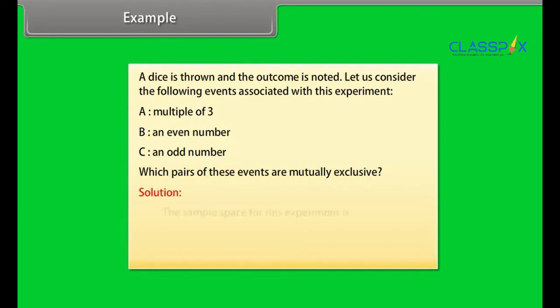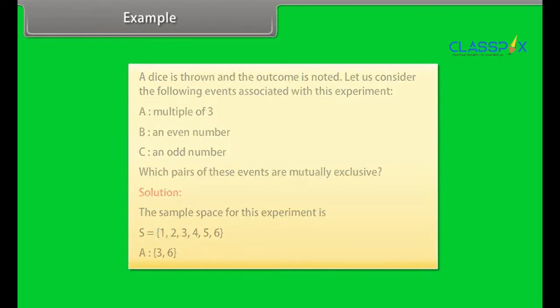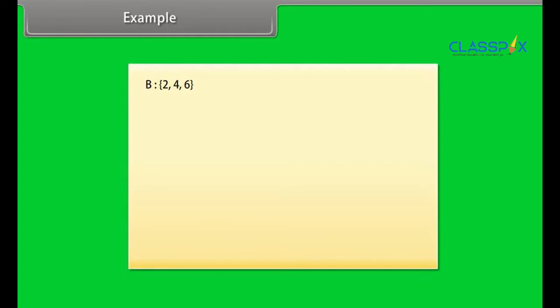Solution. The sample space for this experiment is S is equal to 1, 2, 3, 4, 5, 6. A is equal to 3, 6. B is equal to 2, 4, 6. C is equal to 1, 3, 5.